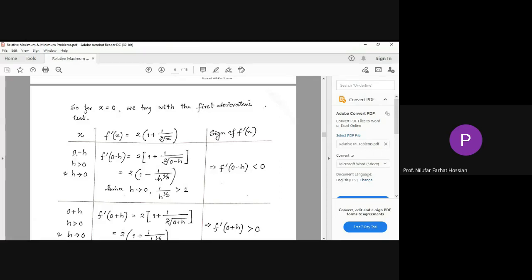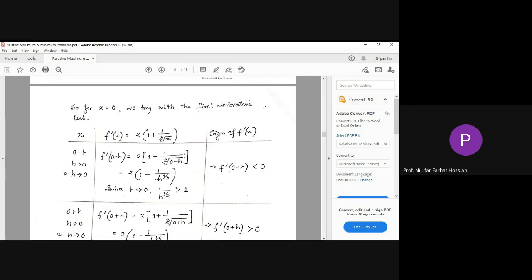So one point should be less than 0 and the other point should be greater than 0. So 0 minus h and 0 plus h. In both the cases, h is positive and h tends to 0, a very small positive number. This is the expression for the first order derivative. So you just put here x equal to 0 minus h. So it will be 2 into 1 plus 1 by cube root of 0 minus h.